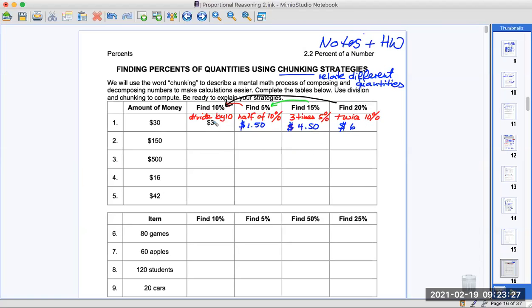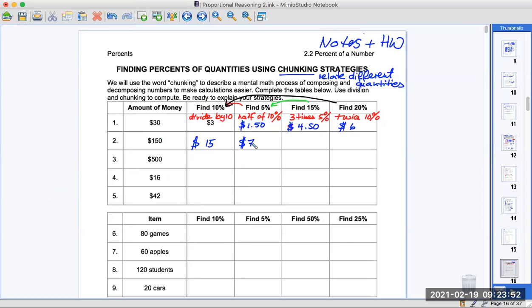Okay, so now we have to find 10%, we divide by 10. So now 150 divided by 10 gives me $15. Try it out. Also you can just cross out that 0. Dividing by 10, you can cross out a 0 if there is one. Okay, 5% is half of 10%.